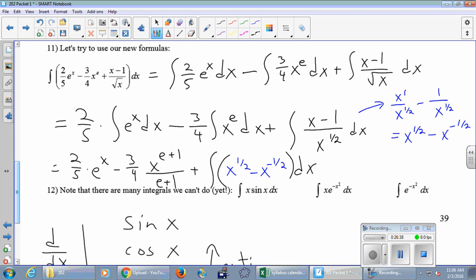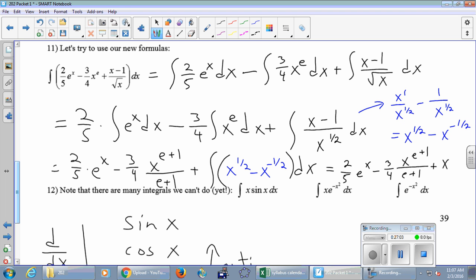Okay, and so we're going to copy everything that was over there in black, unchanged, 2/5 e to the x minus 3/4 x to the e plus 1 over e plus 1. Plus, and now we've got two more power rules that will apply here. Basic idea, again, in English, add 1 to the power, divide by the new power.